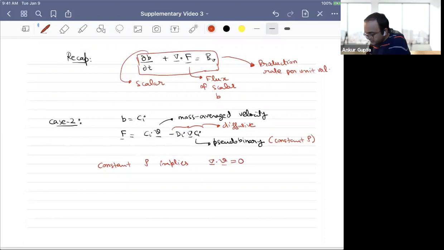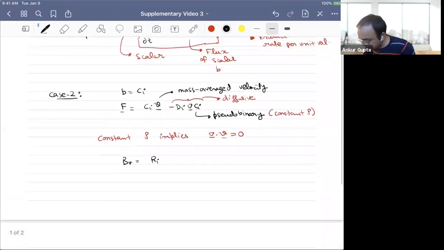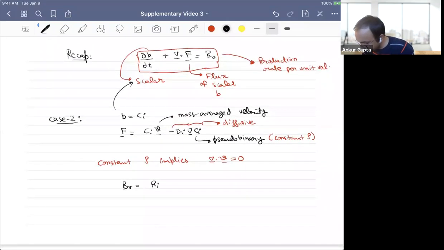So we had done this, and then one thing we had also noted was that we will represent BV as Ri, or some sort of a reaction rate, where a reaction rate is positive for production, negative for consumption, and so on. And now what we will do is we will substitute these terms back, okay? And BV will also go here.